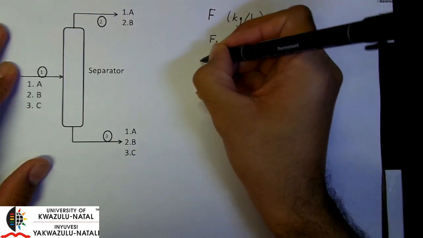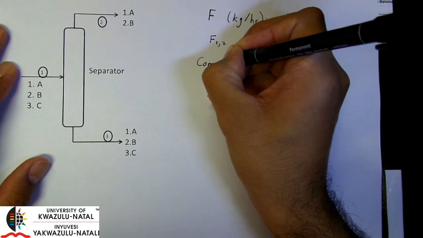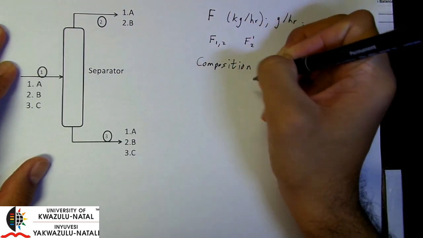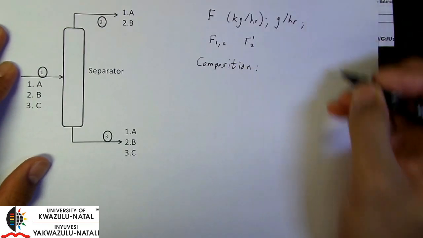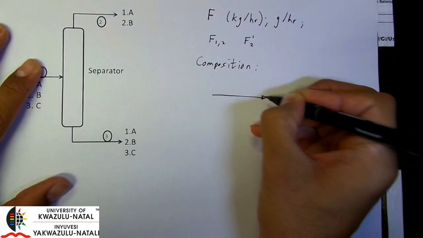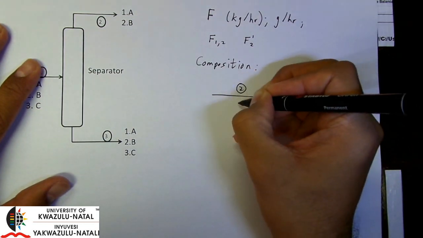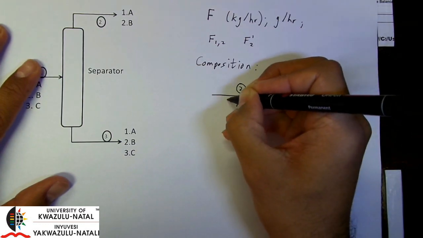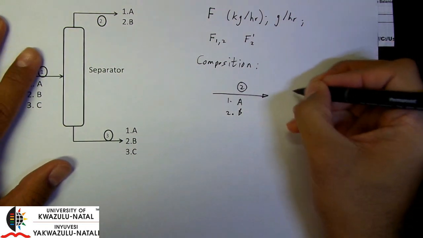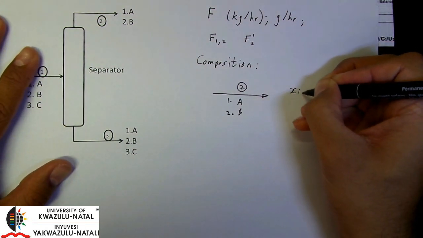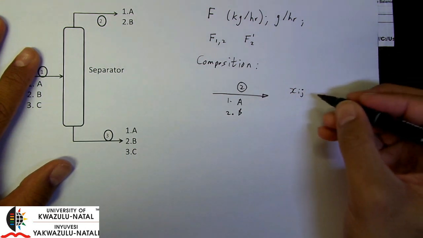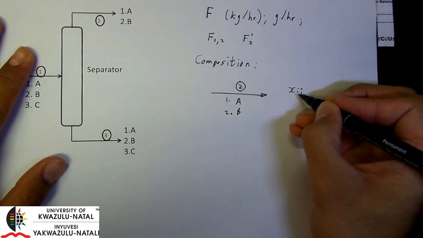If we have to look at composition, for any particular stream, let's look at stream 2 containing A and B, which I have numbered. Then Xij denotes the mole fraction of component j in stream i.